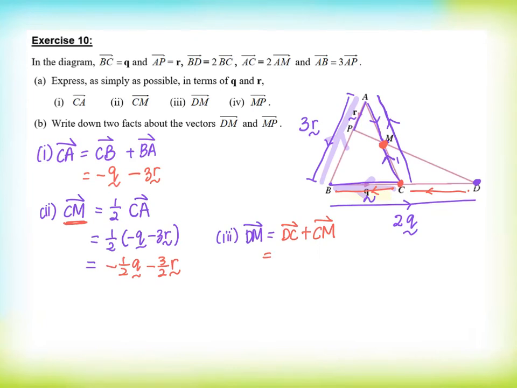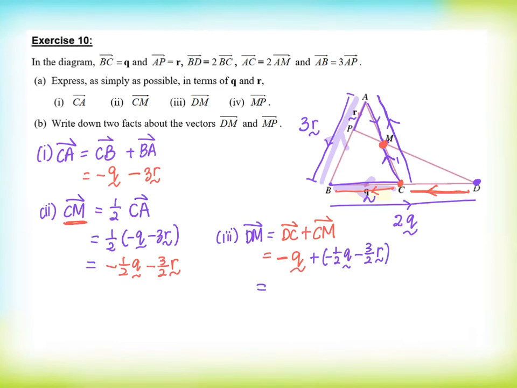Let's take a look at what is DC. D to C is in the opposite direction of BD, so it will be a negative. Now C is in the midpoint, so D to C will be now just negative Q. Next, C to M has been found earlier. C to M was negative half Q minus 3 over 2R.